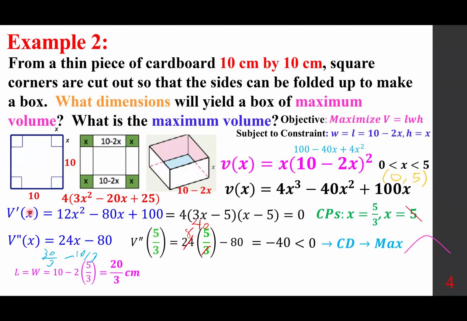The dimensions would be 5/3 by 20/3 by 20/3. The volume would be the product. In the numerator, 20 times 20 is 400, times 5 is 2000. 3 cubed is 27. So 2000 over 27 is an exact answer, or 74 and 2 over 27 cubic centimeters.